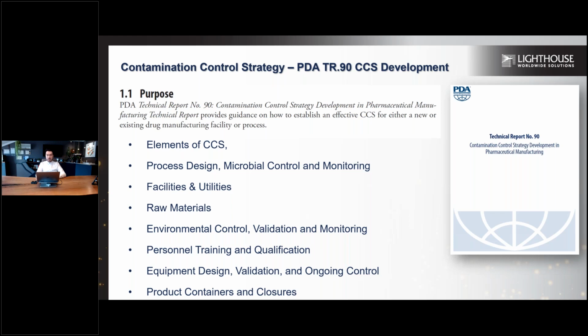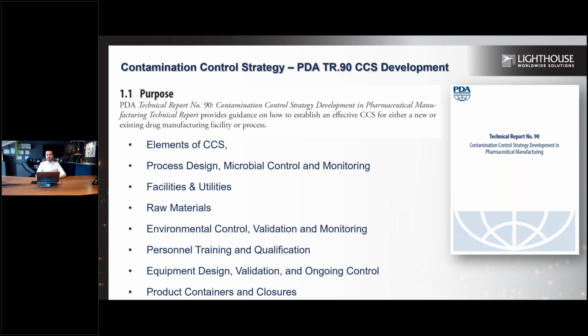It's available online. And it also describes the elements of contamination control strategy, which I will also mention in my next slide. Process design, microbiological control and monitoring level, and facilities and utilities. After that, it starts with the production ingredients with the raw material, then the ambient air with environmental control, validation and monitoring parameters.